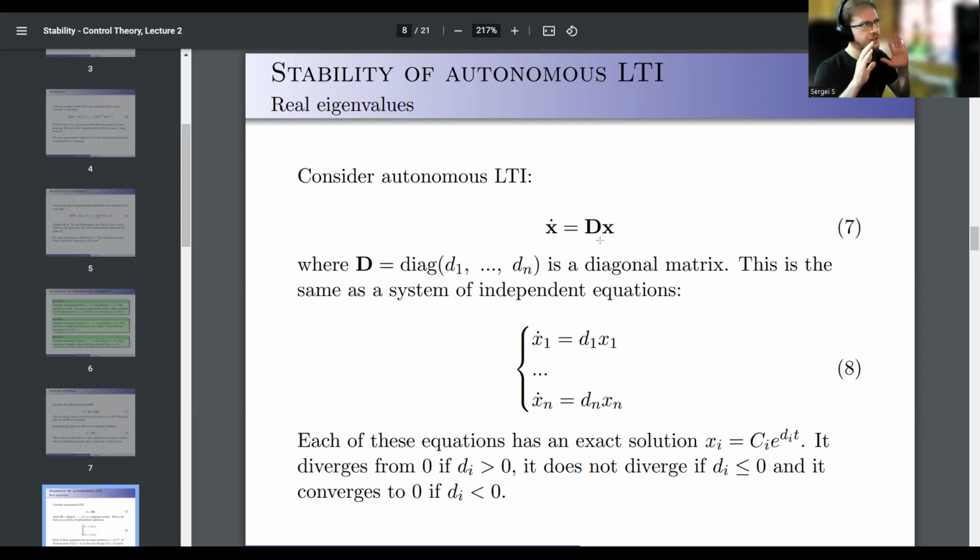We can say it is asymptotically stable if all D, not just one, all D are less than 0, strictly less than 0.